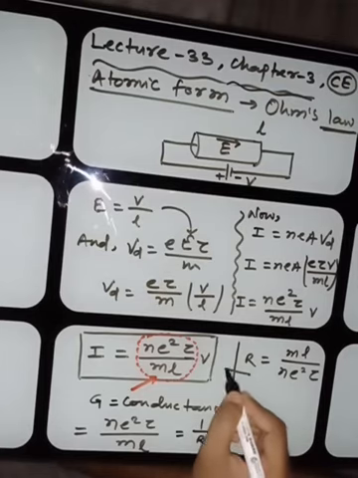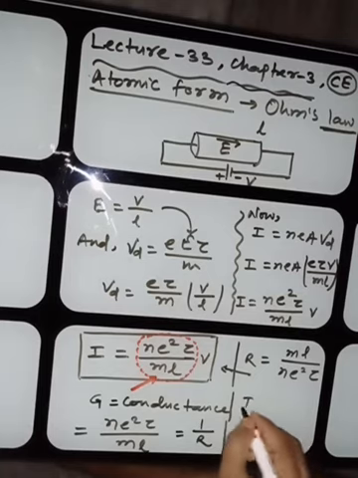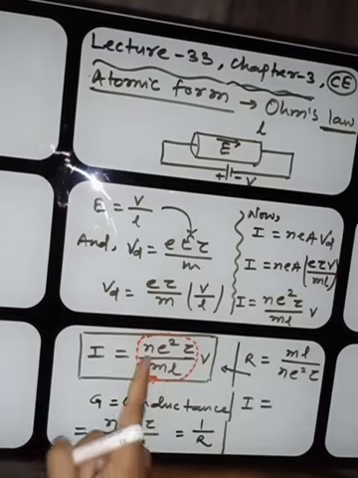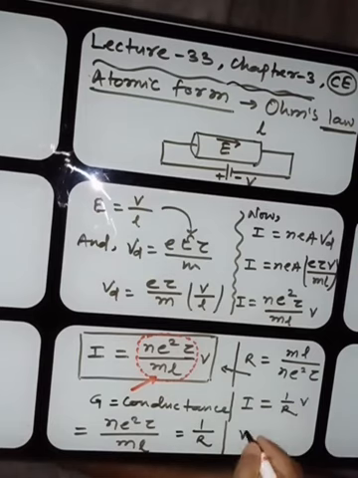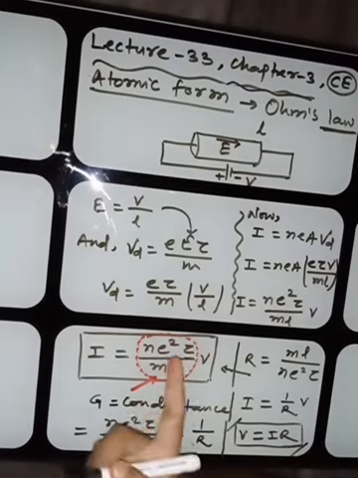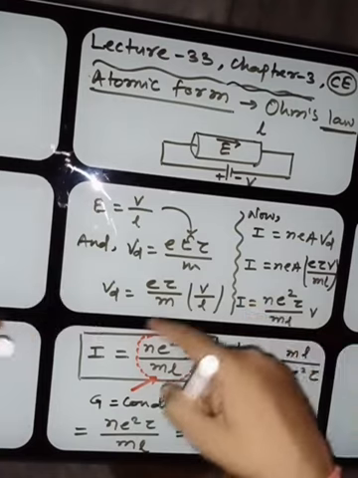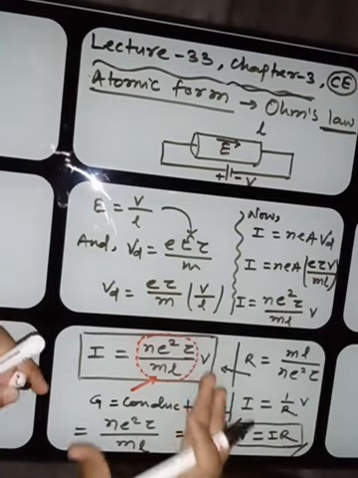If you put this value in the equation, you can write I equals 1 by R into V, so V equals I into R. So again we derived Ohm's law using this atomic form. So this is the atomic form of Ohm's law, V equals I into R.